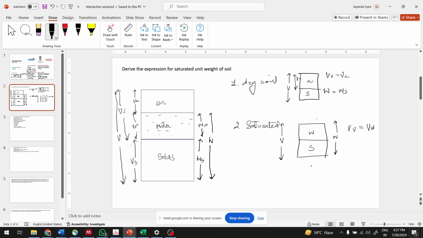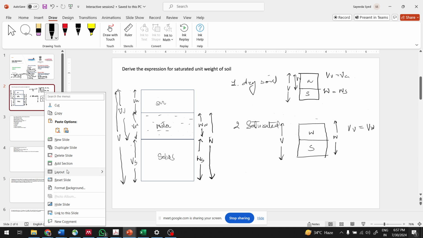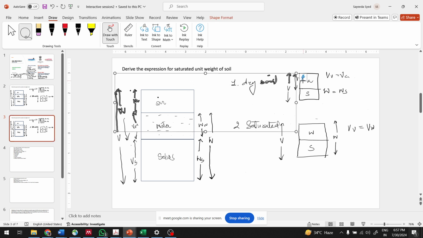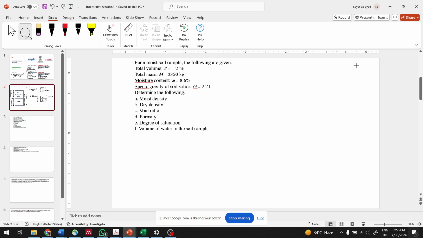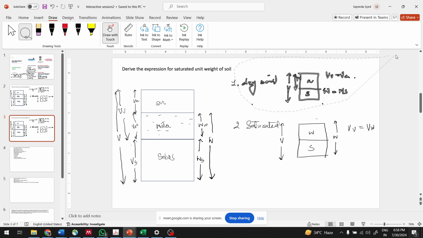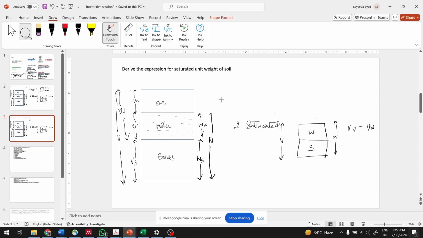We can take from scratch. From scratch, let me take this part.